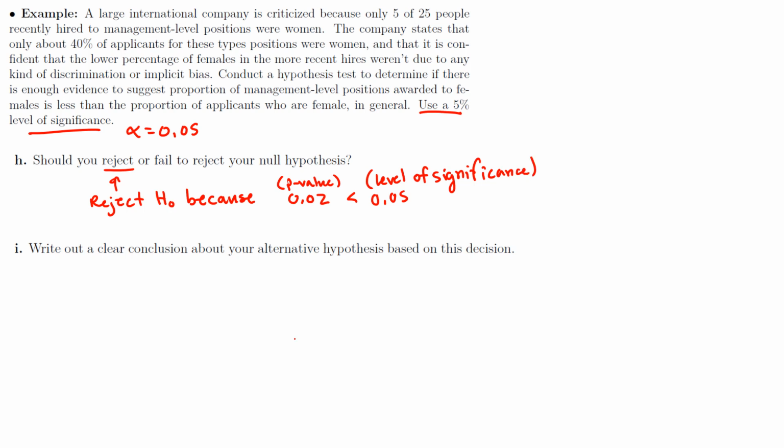So think of a level of significance as being kind of the chances we're willing to live with of rejecting a true null hypothesis. Because we calculated that we would only expect to see samples like ours 2% of the time if the null were true, since that's less than the chances I'm willing to live with of rejecting a true null hypothesis, that's why I make my decision to go ahead and reject.